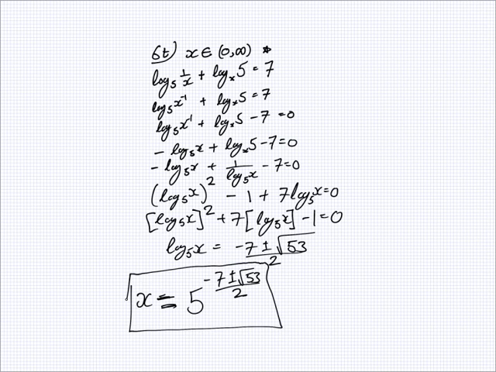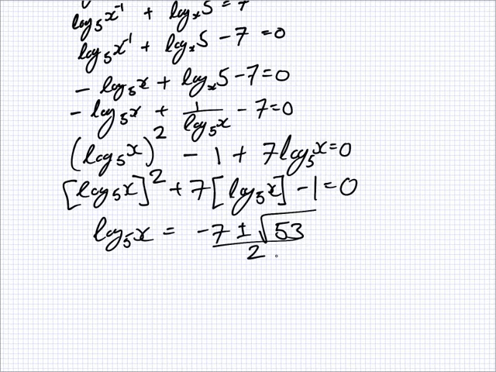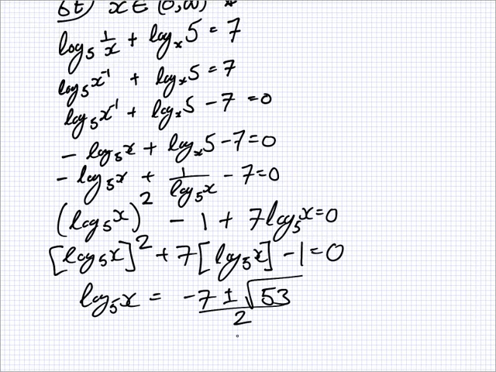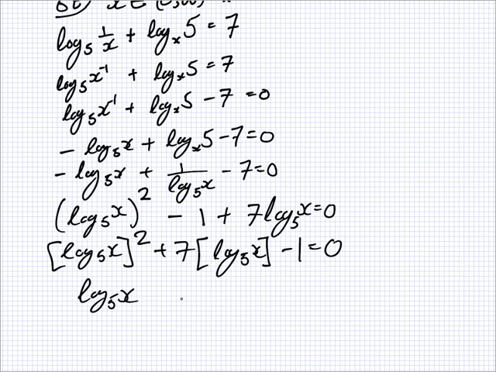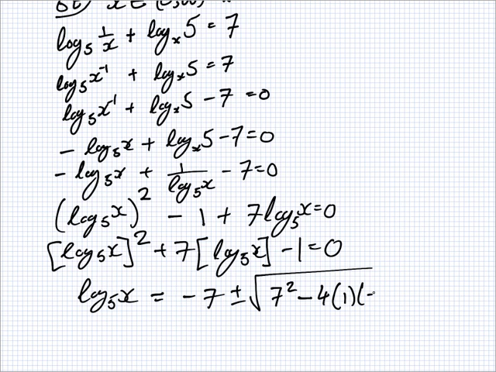Yes, question, Michelle? The 53, yeah, I kind of wrote that a bit quickly, let me just zoom back in. So, minus b plus or minus square root of b squared minus 4 times a times c. I think it's 53.